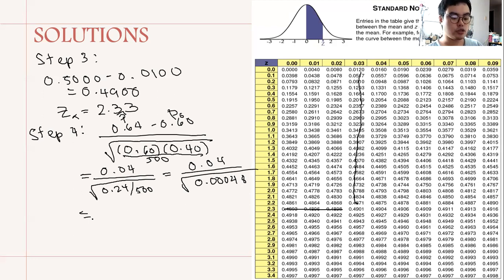We're going to use our scientific calculator so we will not be confused in rounding up. It is 0.577. If we round it up, it will become 0.58. I'm going to erase my mistake.